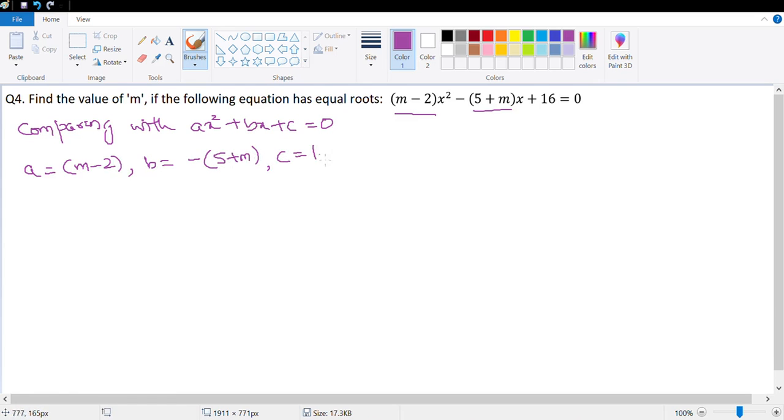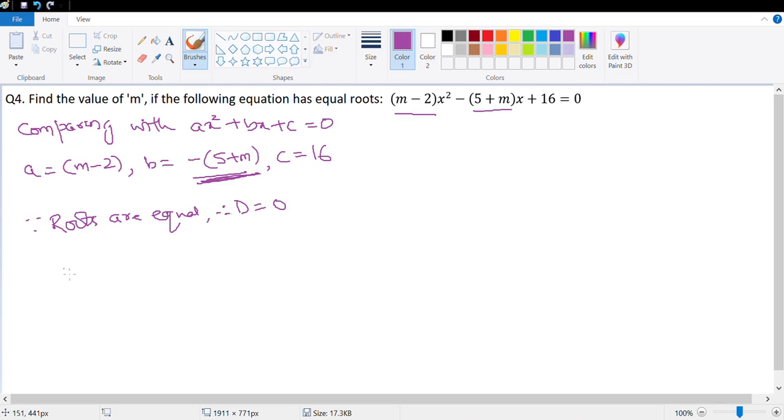That's a common mistake which students would do of trying to figure out what is b. So since there is a negative outside this bracket, I have kept it as outside. When we square it, my life will become simpler. Now since roots are equal, therefore D is equal to 0.